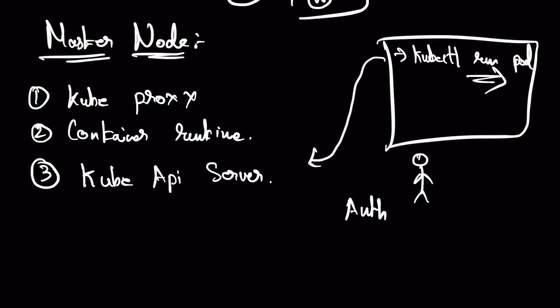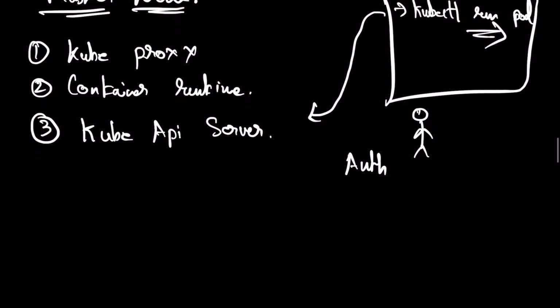Okay, and the next one we can say is the controllers. Controllers is a component that manages the working of the Kubernetes cluster. So we have many controllers.